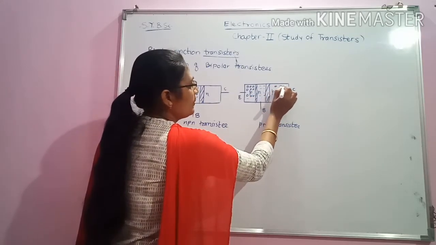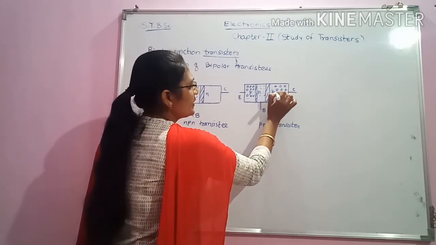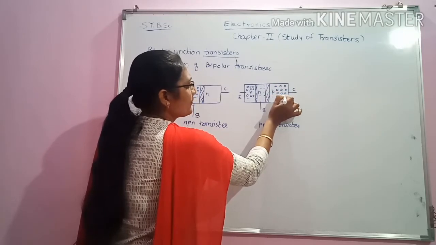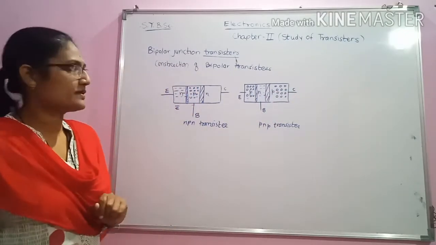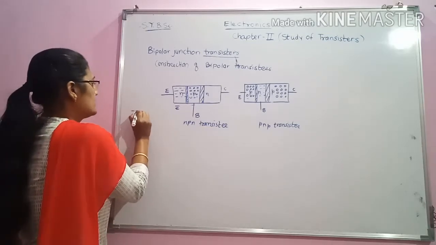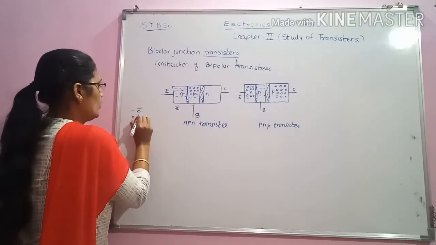Here also, in a p-type material, the majority charge carriers will be holes. This is an electron and these are holes.